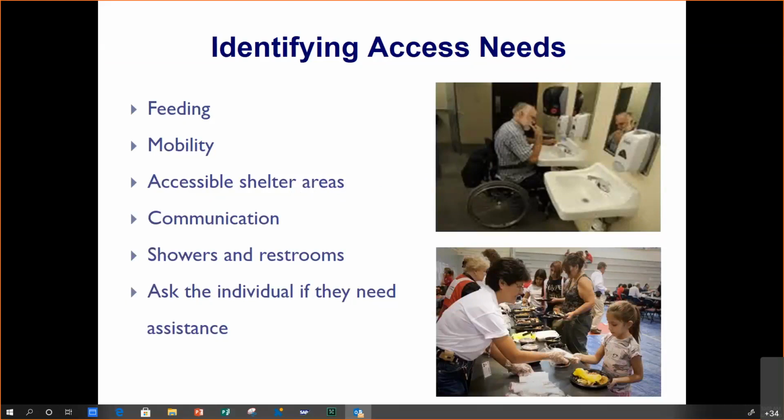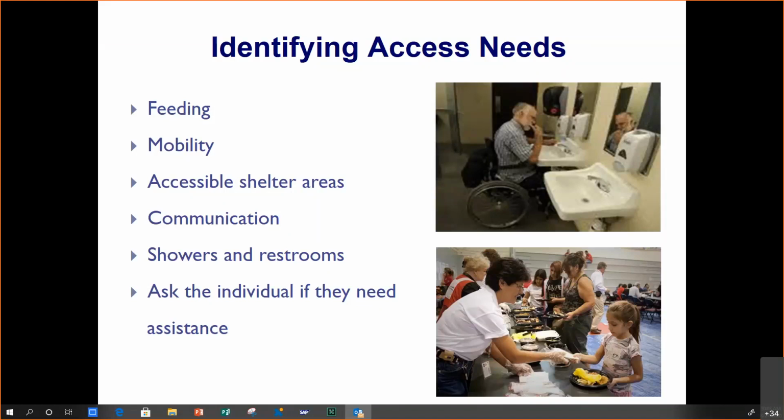And so with all of this, it comes back to what the individual feels like they need, and where they're seeing barriers and problems in that environment and their ability to maintain their independence, and to be safe and self-determined, and all of those things that we talked about under the structure of CMIST.